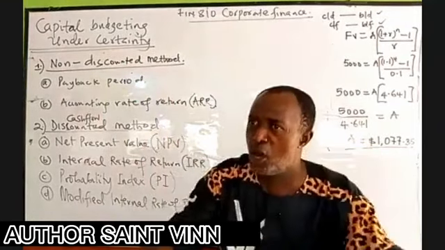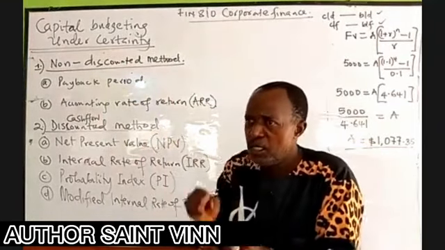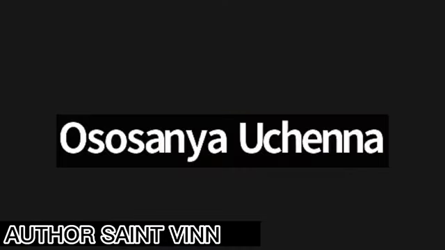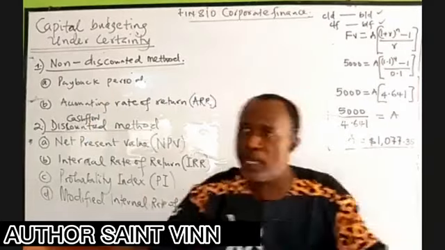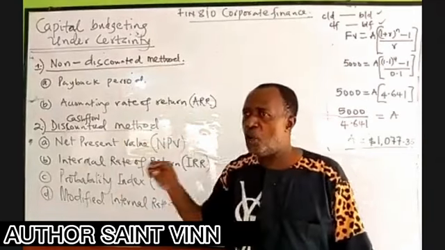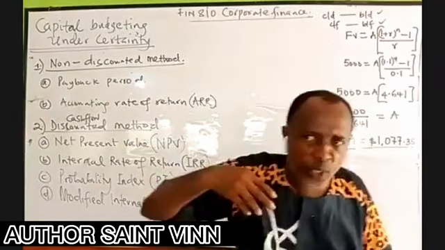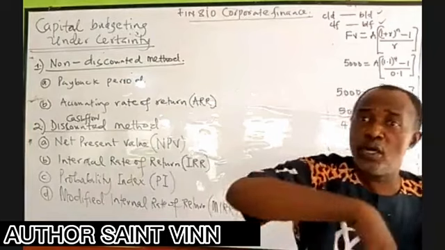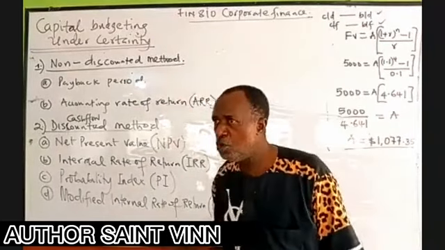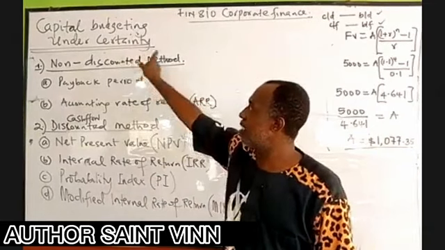An organization or individual has money, and because of scarce resources, they need to plan. For them to plan which project to embark on and which not to, these are the principles that will help them know which project to reject and which one to accept. And there are two methods available for them to do that under certainty.